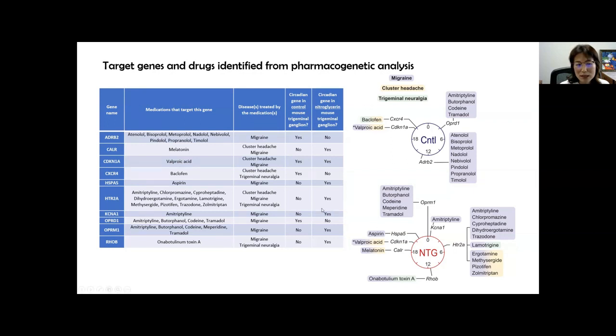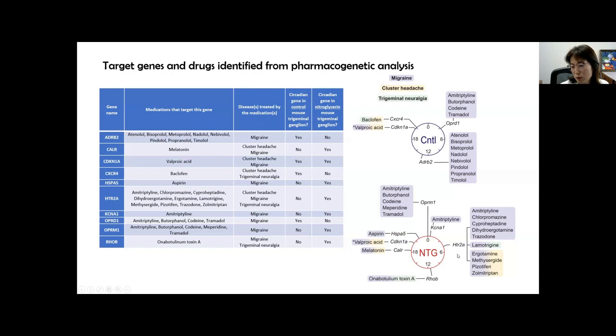So these are all cycling genes, and then they have different peak time points. And based on their peak time point, we can actually time their drug treatment. Like this is opioid receptor, and then this is adenosine beta receptor. And there are many different targets of these drugs, and they have very specific circadian phase of their peak time.